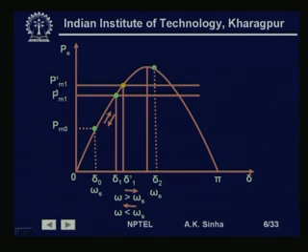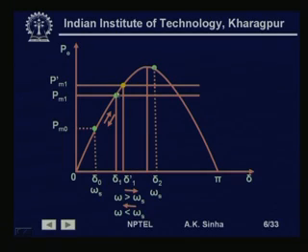So, though the mechanical power input and electrical output at this point are equal, since the speed of the rotor is somewhat higher than the synchronous speed, the delta angle will keep on increasing, because we are measuring delta with respect to the synchronously rotating reference frame. Since the rotor is rotating at a speed higher than the synchronously rotating reference frame, delta will keep on increasing.